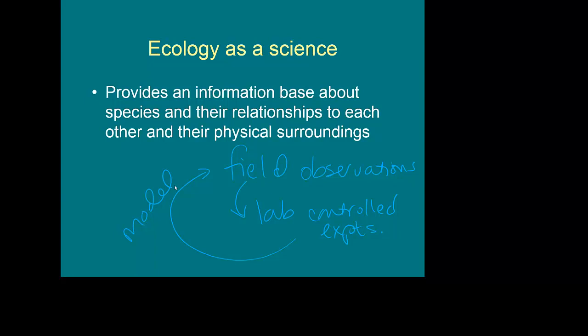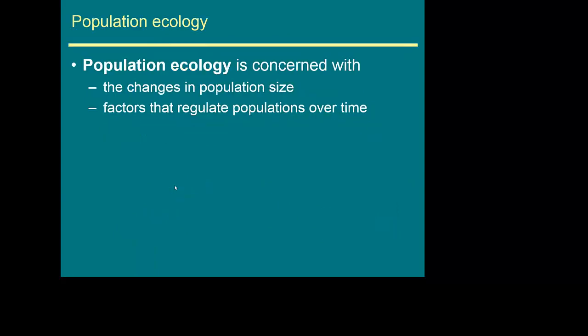their environment. So when we talk populations, really what we're concerned about is population size and how those populations change over time. So this is really a numbers game, right?